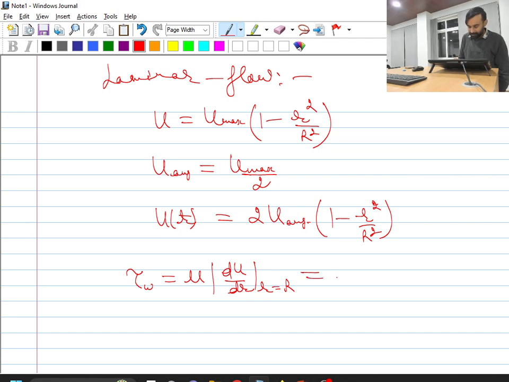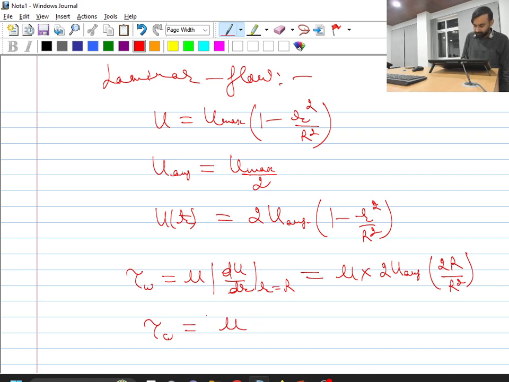So this will become mu times du by dr will become 2 U average into mod of this will become 2 times r, and this r I can replace with capital R. So from here my wall shear stress is nothing but 4 mu times U average by R. Is this one clear?